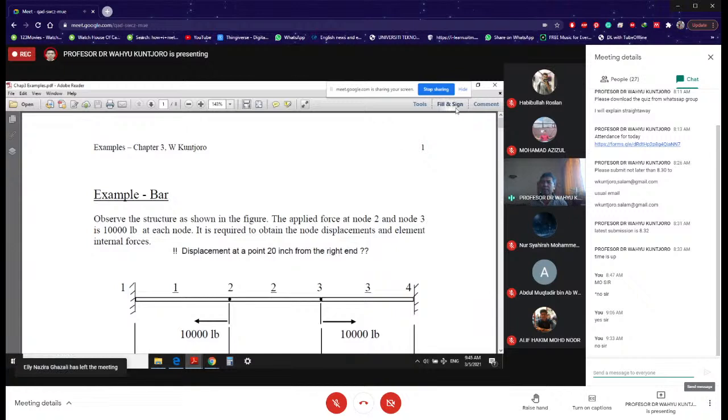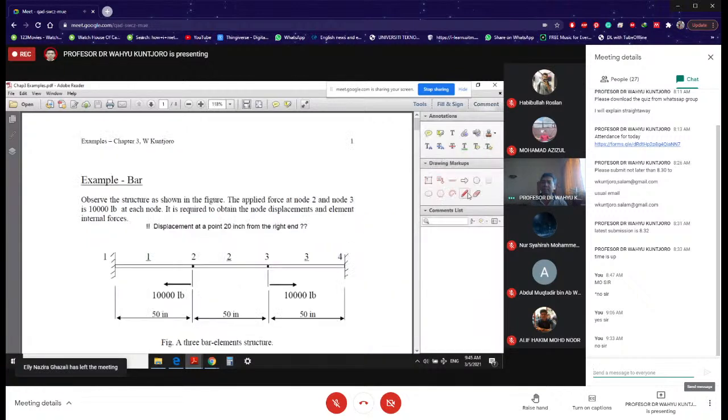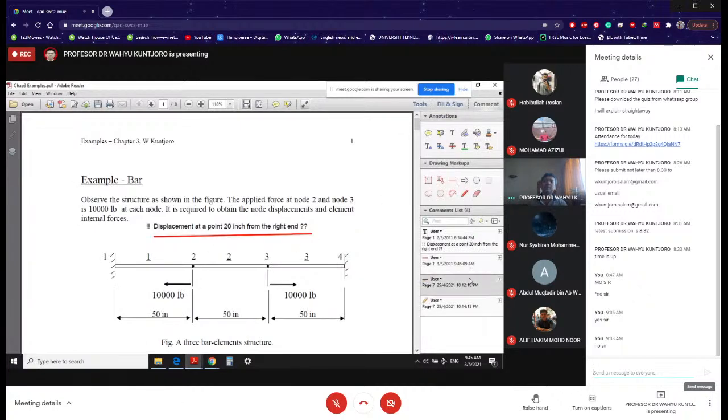And the question is also involving this. I might ask you displacement at a point 20 inch from the right end.